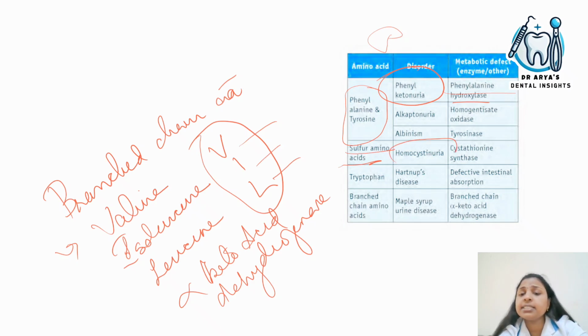The disorder is homocystinuria, and the enzyme is cystathionine synthase. So, homocystinuria is due to sulfur containing amino acids. Then Hartnup disease, it is due to the amino acid tryptophan, defective intestinal absorption. Then branched chain amino acid, that is maple syrup urine disease, branched chain alpha keto acid dehydrogenase. So these are the various disorders associated with amino acids. Okay.